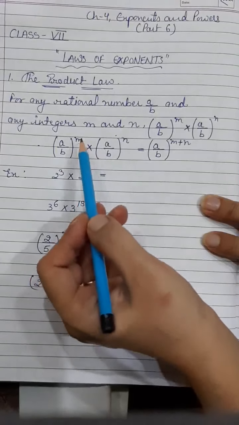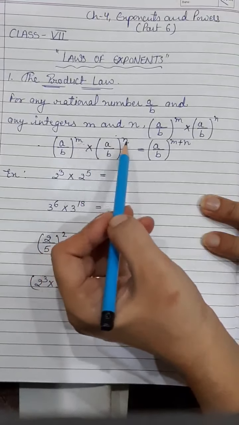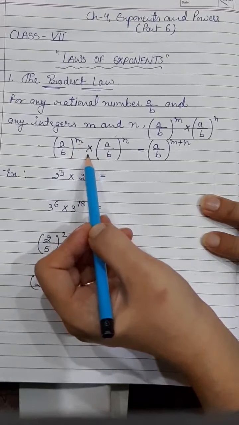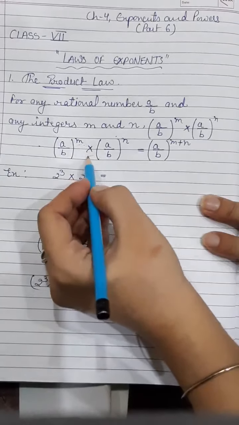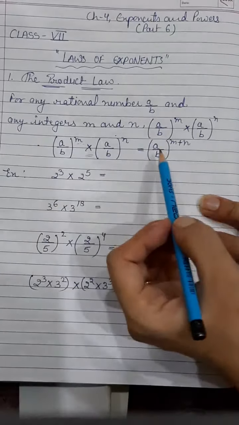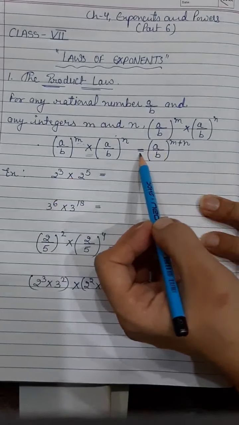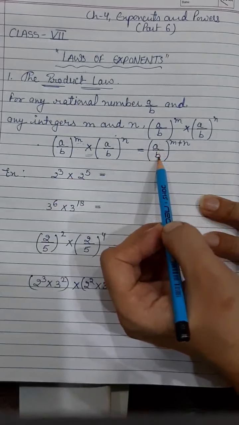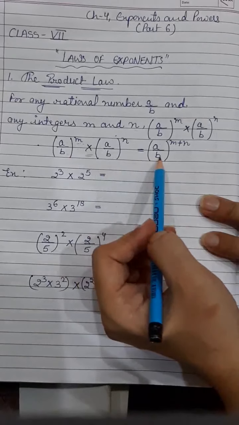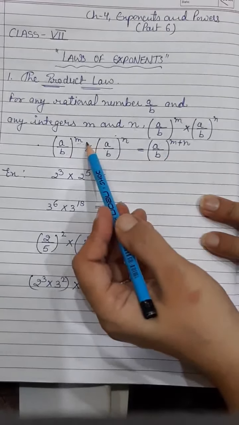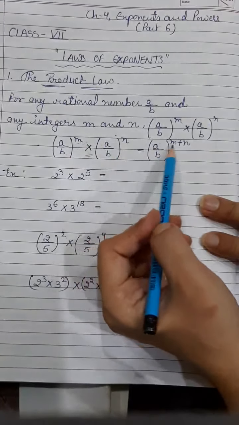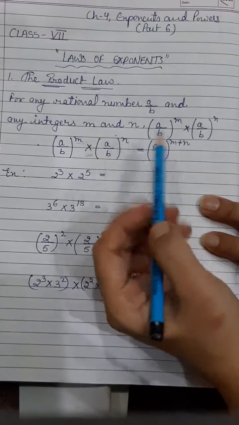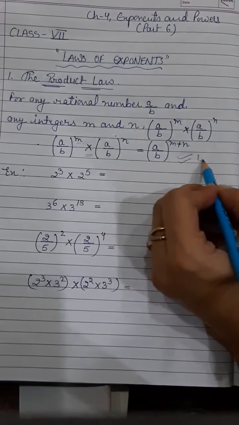Bases are the same but powers are different, m and n, and we are multiplying. In that case it is equal to (a upon b), the same rational number, and powers to be added, m plus n. Clear? So this formula you have to learn.